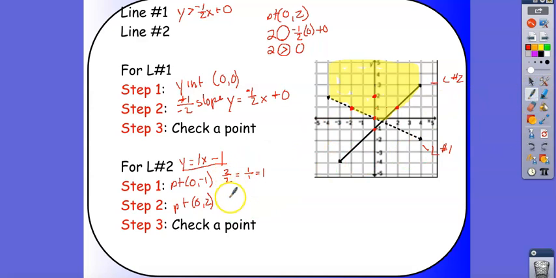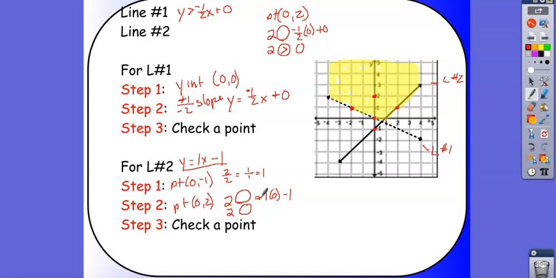So I'm going to put y is 2, there's y, and I don't know what goes here, 1 times x is 0 minus 1. So I got a 2, and I don't know what goes here. I keep wanting to put that equal sign in there, huh?